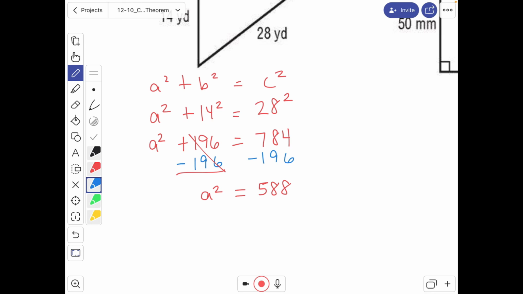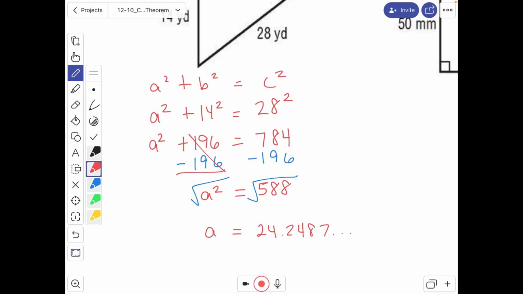The numbers are getting a little more challenging. And we need to get a alone, not a squared, but just a. So we need to do the opposite of squaring, which is square root. So that would be a. And then again, use the calculator. The square root of 588 comes out to a very long decimal, and it just keeps going.